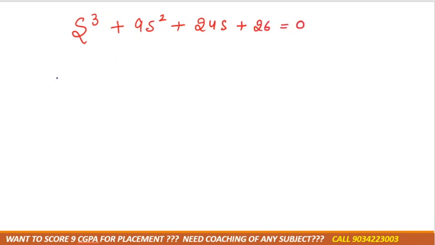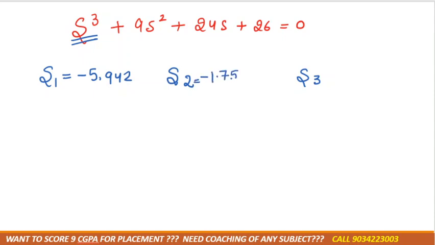Now we need to solve it. As you can see, it's s cube, so we'll get three values of s: s1, s2 and s3. After solving we'll get s1 as minus 5.942, and s2 we'll get as minus 1.754 plus j1.28. s3 we'll get as minus 1.7 minus j1.